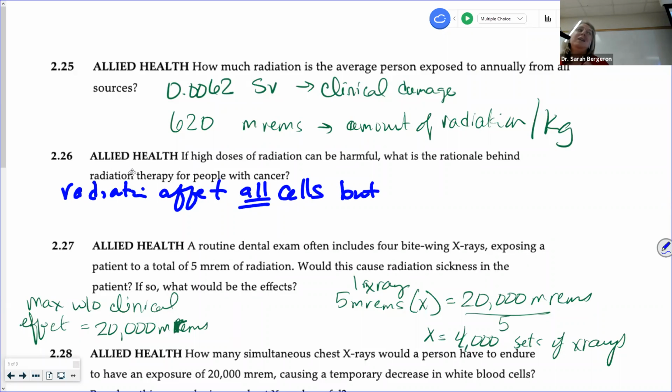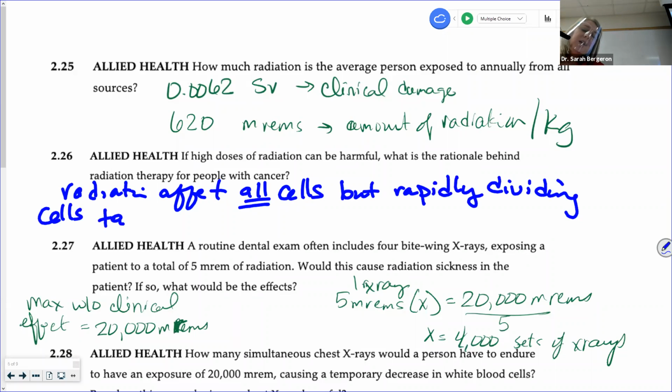Cells that divide more rapidly consume more nutrients. The more you eat, the more radiation you're taking in. So rapidly dividing cells take in more radiation.